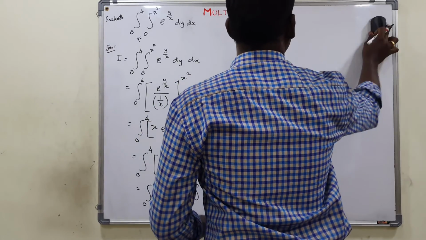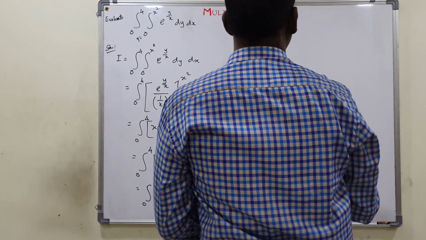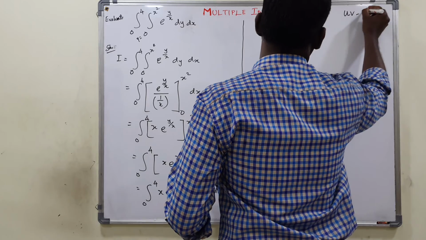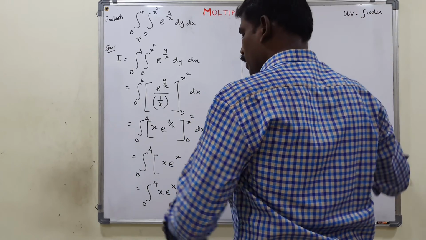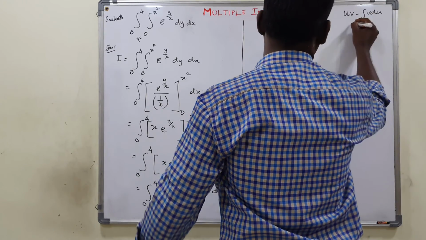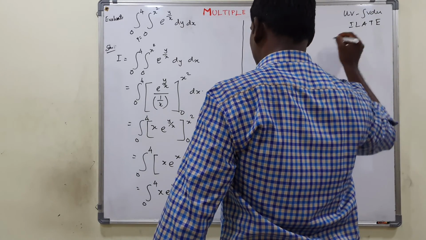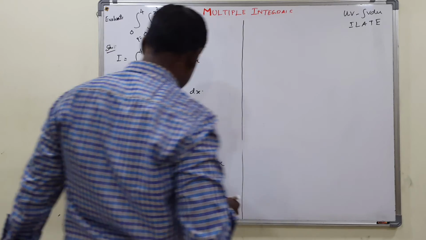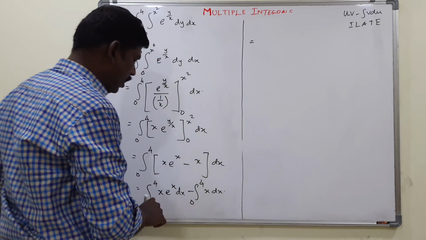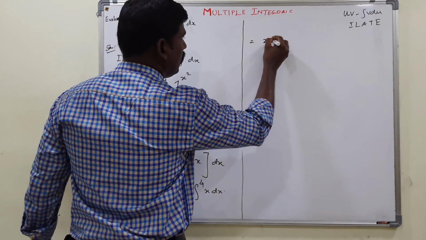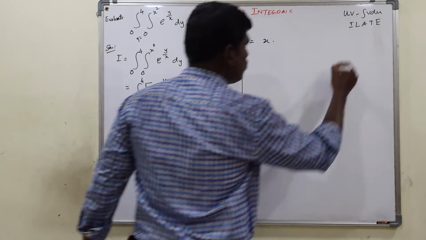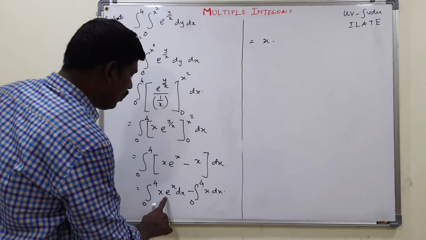We can apply uv minus integral v du, Bernoulli's formula, isn't it? Here u is x, by the ILATE formula. So take u as x, applying Bernoulli's formula, and all the remaining as dv.